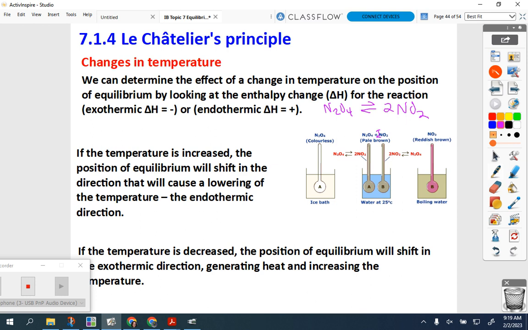If I heat it, I drive it towards NO2. Jamie. Okay. So what's visible is that the NO2 is brown and the N2O4 is colorless, so you actually can see the color change.